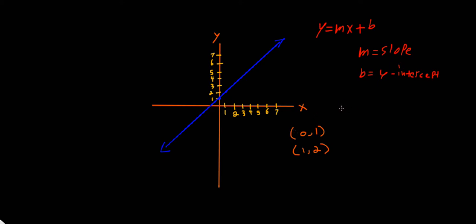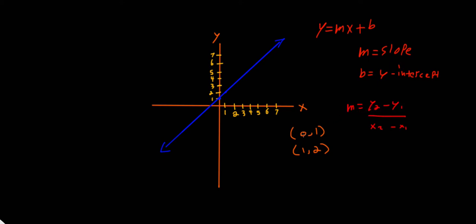So the first step is to find m, which is the slope. I'm sure you've heard of this equation: m equals y2 minus y1 over x2 minus x1. What these mean are the y values of our points, so you can label them accordingly.